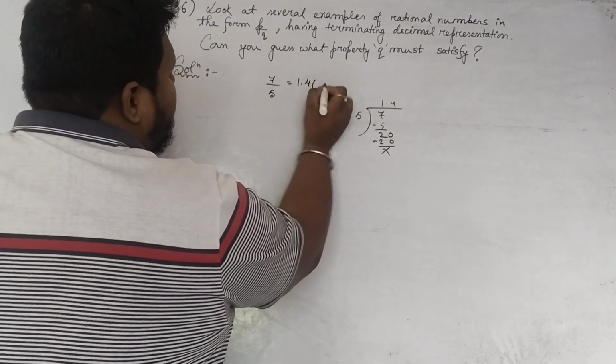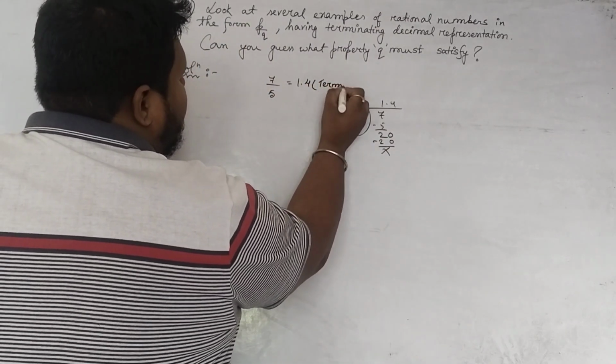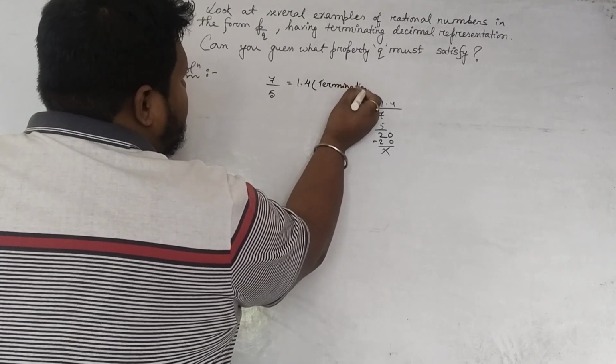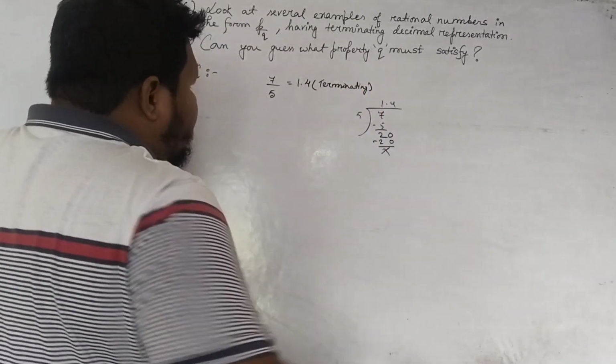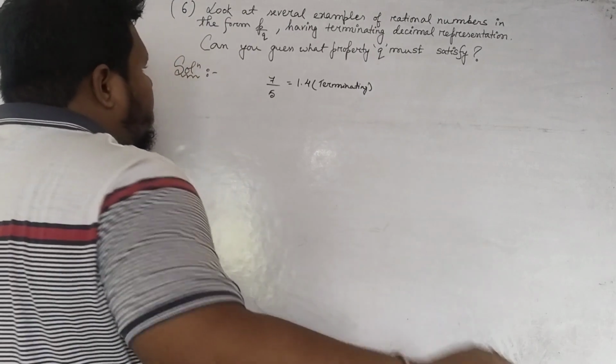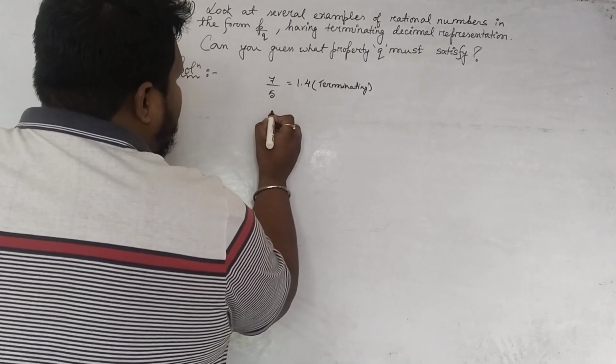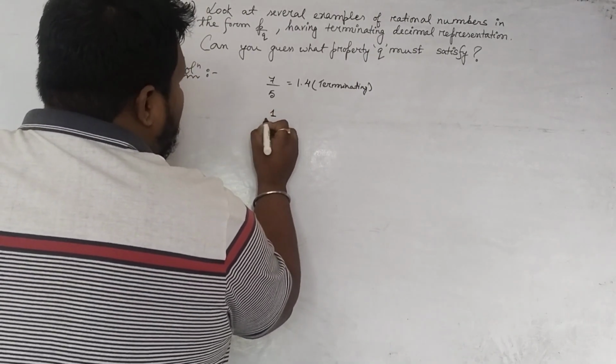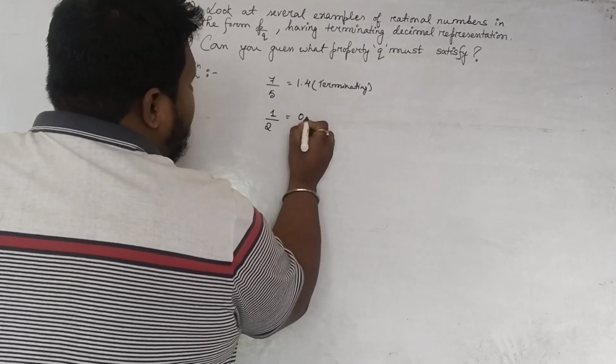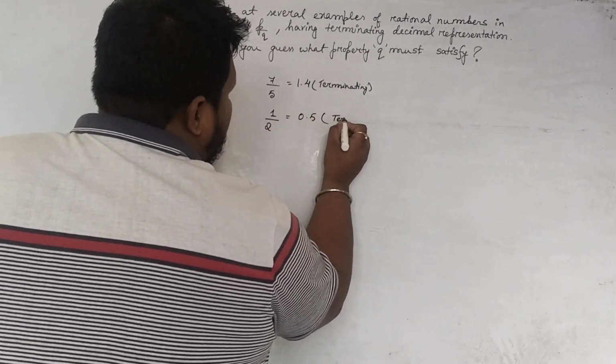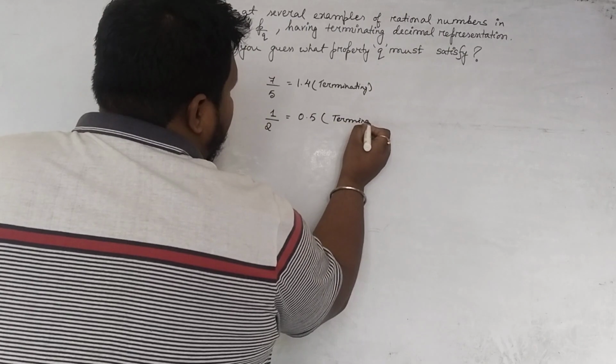So this is a terminating decimal, right? Next, let me take one example of 1 by 2. What I will get? 0.5. This is also terminating.